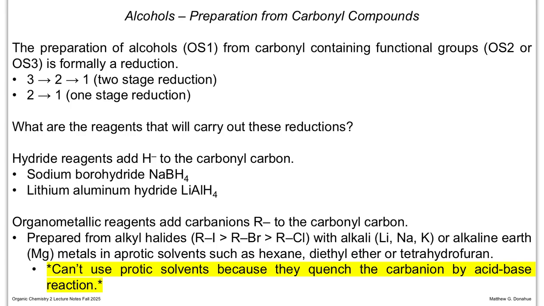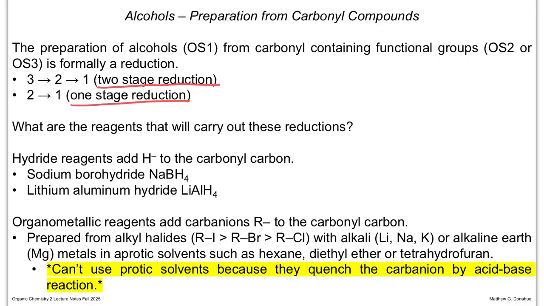So our two ways of doing this: we have 2-stage reduction and 1-stage reduction. And ultimately, that's dependent upon what your starting material oxidation state is. So with OS3, remember those are acids, esters, acid chlorides.